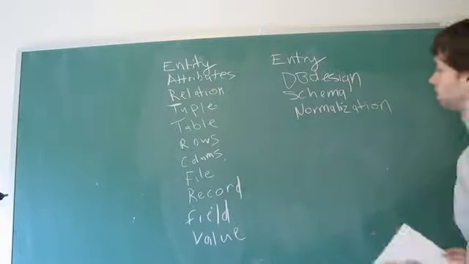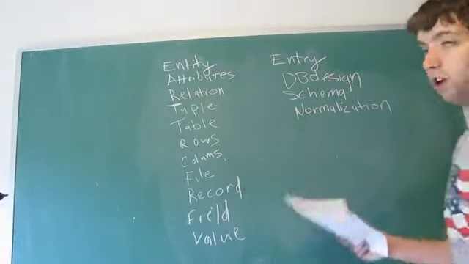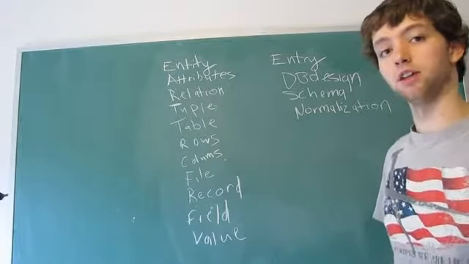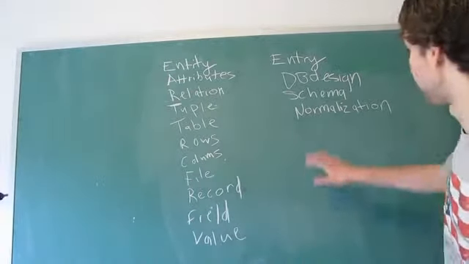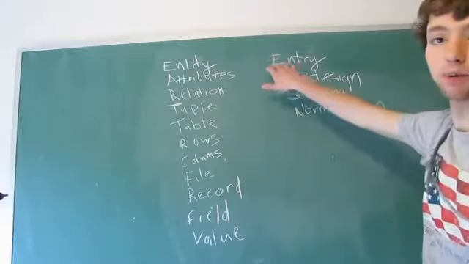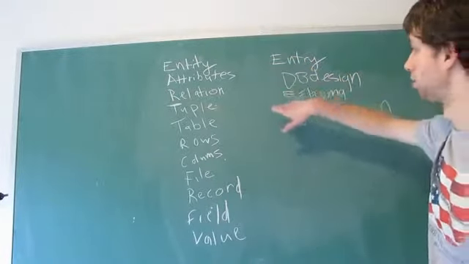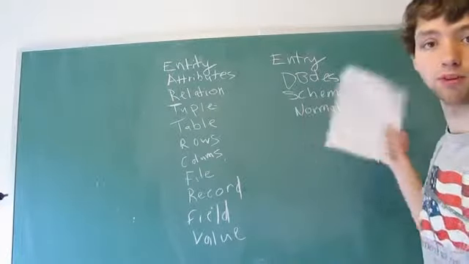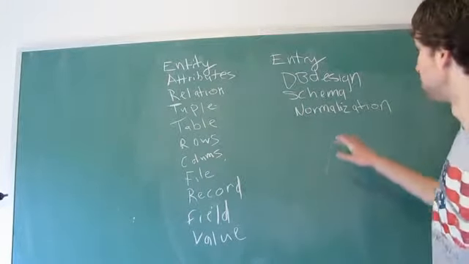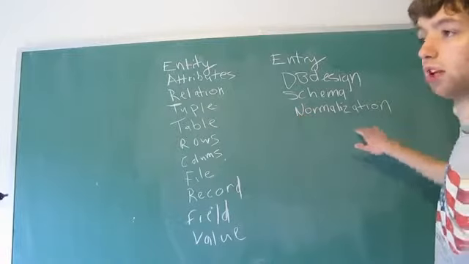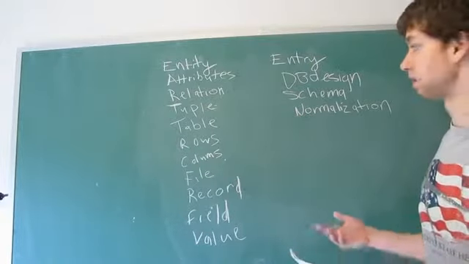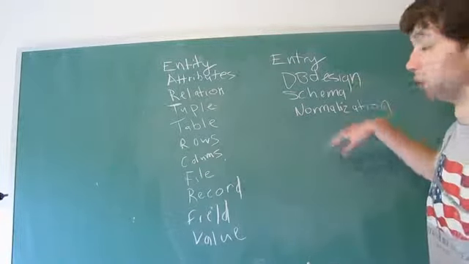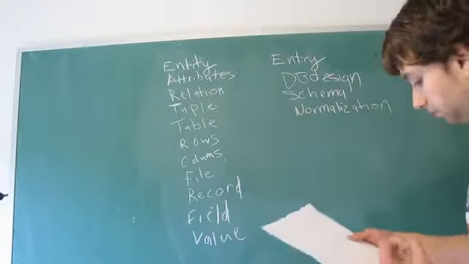Normalization is basically just a bunch of steps that we're going to follow to help us get the best database design. So that's part of database design, when we go through these normal forms to get the best database design. We'll talk about that more in an upcoming video, but I want you to know that the term normalization is the process of building the best database design.